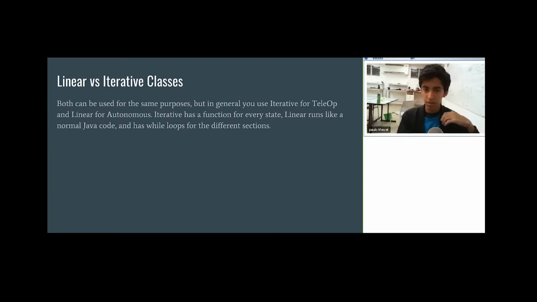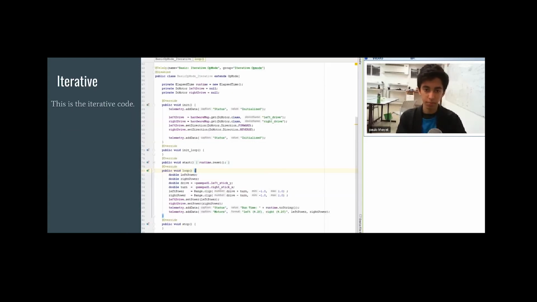Autonomous and teleop, I'm sure you already know, but I'll go over it. Teleop basically is those 2 minutes and 15 seconds that the driver can control the robot, and autonomous is the 15 seconds that you have to let the robot run through pre-existing code. So I'll show you why you use iterative for teleop.